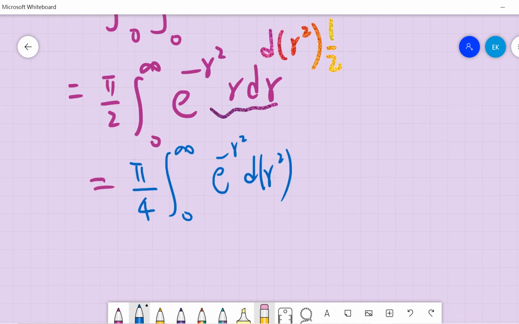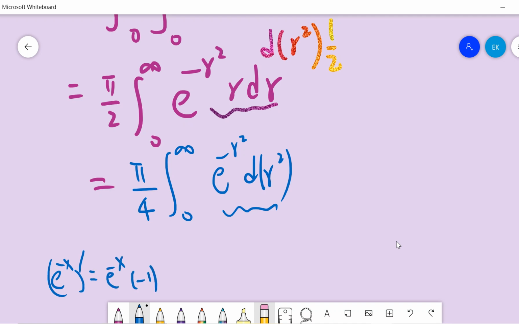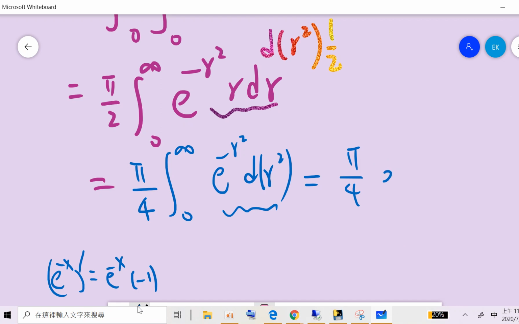And this can be done because the derivative of exponential minus x is just exponential minus x. So this is just π over 4, evaluated from infinity to 0.